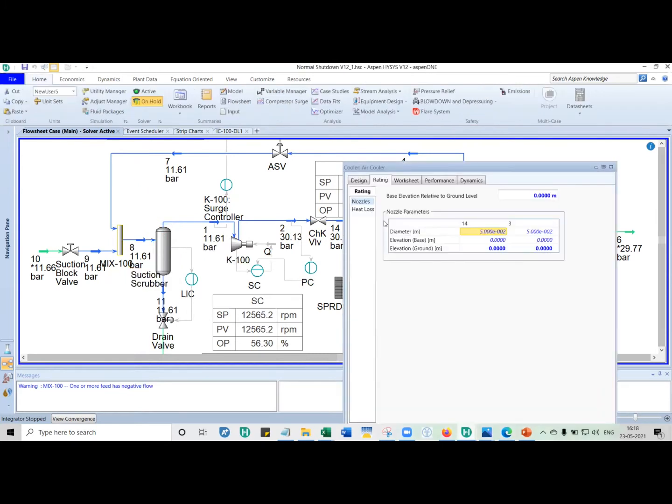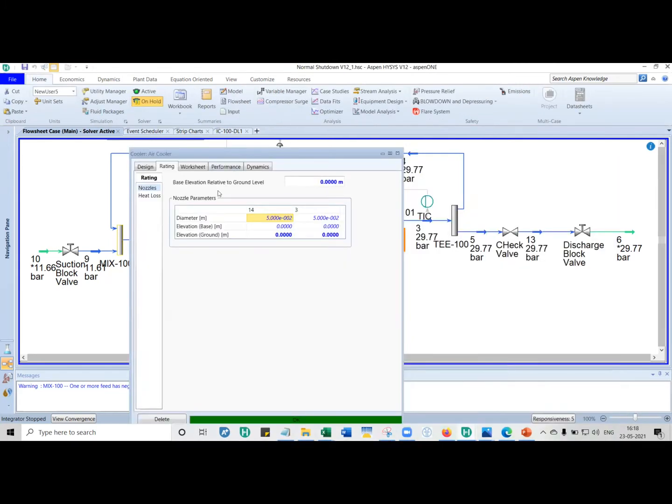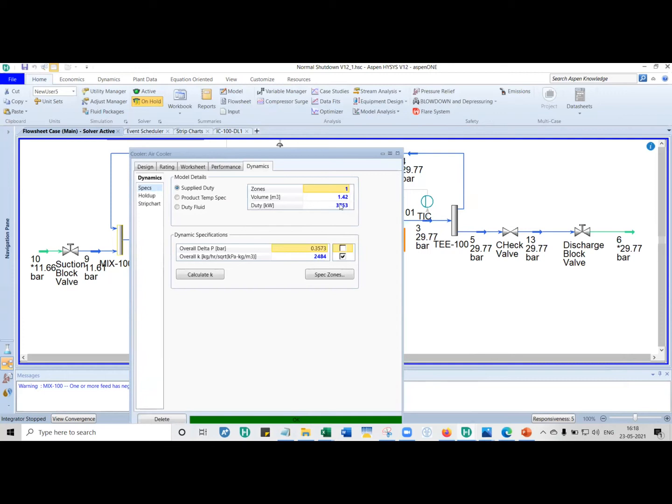For coolers, you not only give the cooler volume. After you size an air cooler, you put the volume here. That is the volume of the tubes: pi by 4 d square L, the inner diameter and length of the tube, multiplied by the number of tubes. But you must also give what is called a K value.